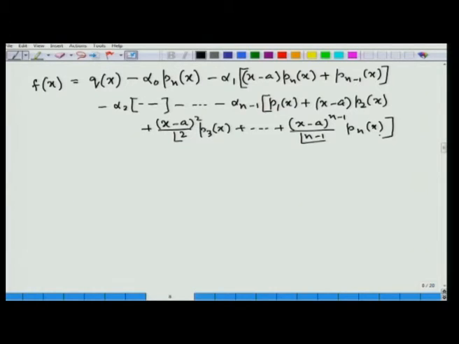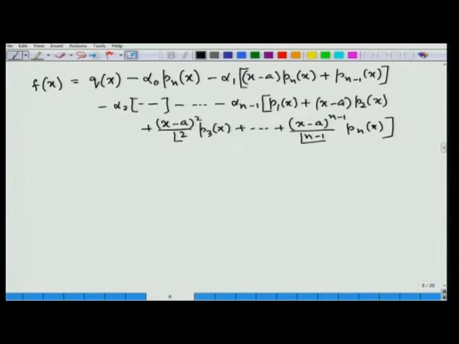This is actually the expression for f x, and just recall q, p n minus 1 up to p n x, all these quantities are known quantities as well as given quantities. So, this is completely a known function.